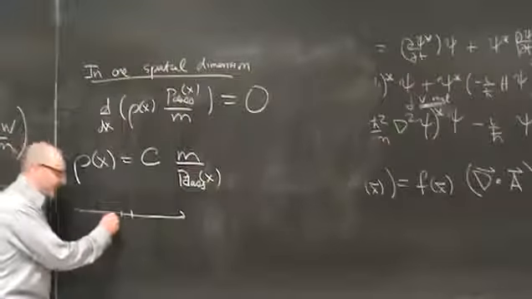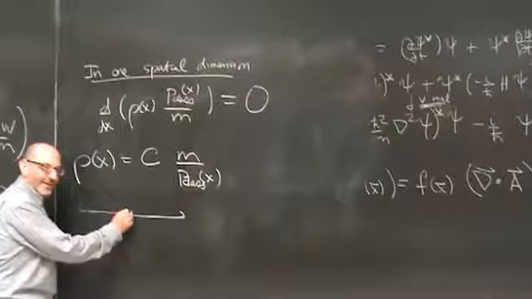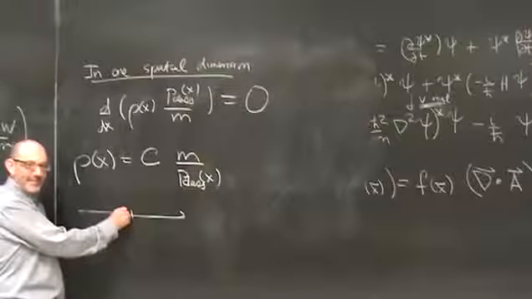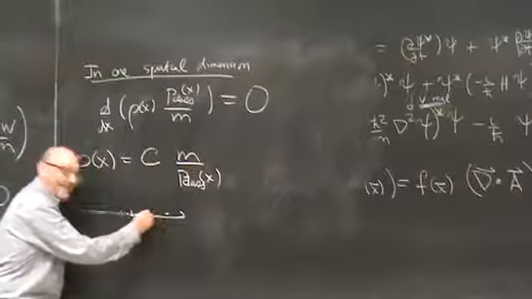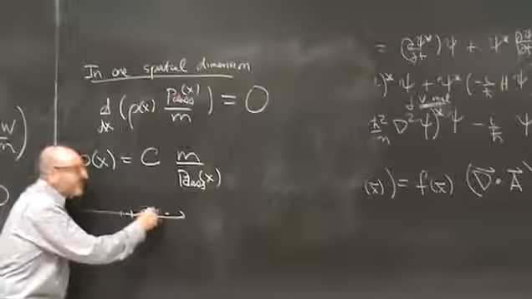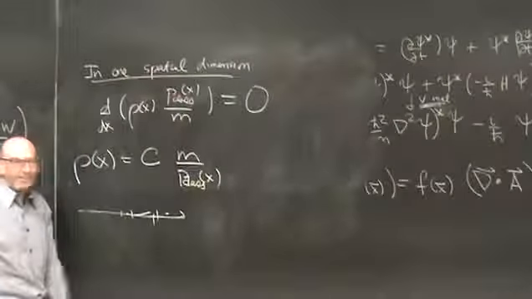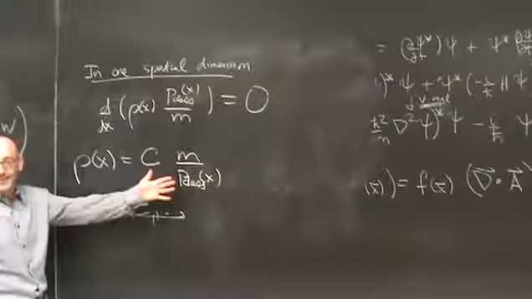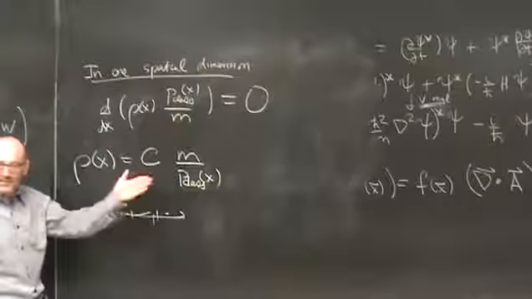Sure, if it's moving very slowly, it's very likely to be at that position. If it's moving very fast, then at any time interval, I'm very unlikely to find it there. So this is just what you would expect from just a classical particle moving.